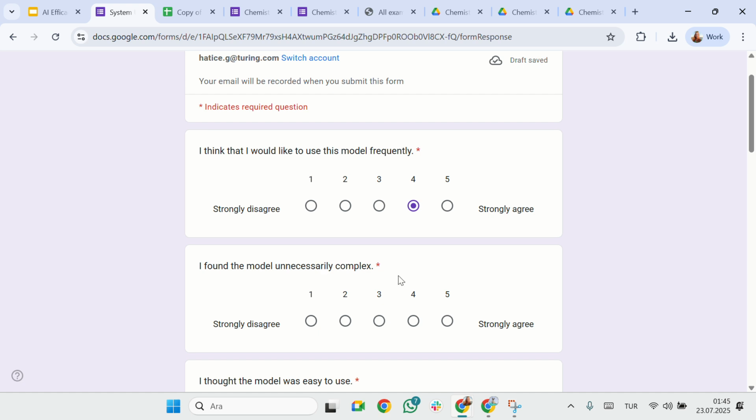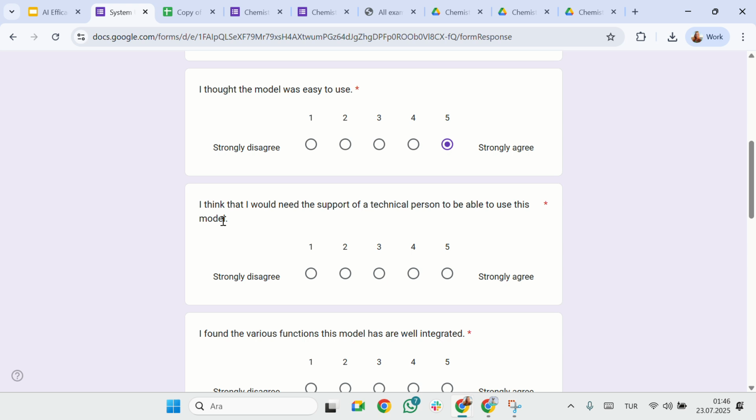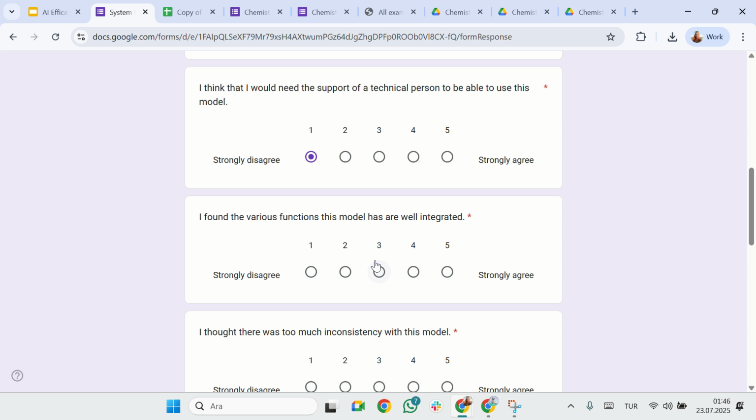I found the model unnecessarily complex. No, actually, the model is easy. I thought the model was easy to use. Yeah, I strongly agree on that. I think that I would need the support of a technical person to be able to, no, I wouldn't need. I found the various functions this model has are well integrated.